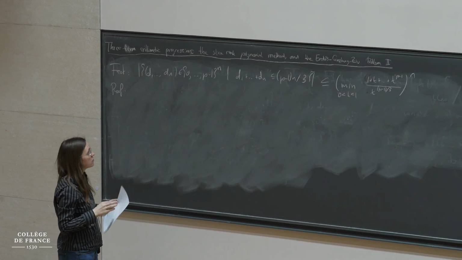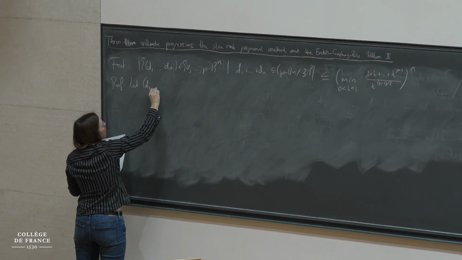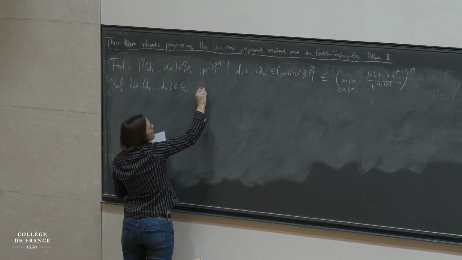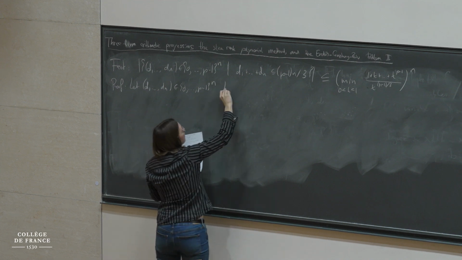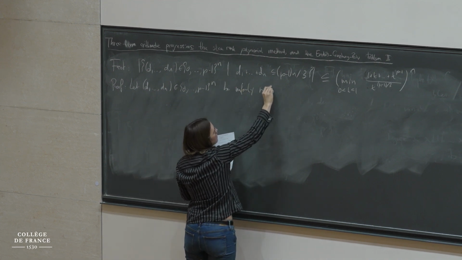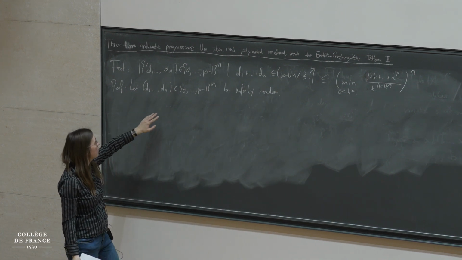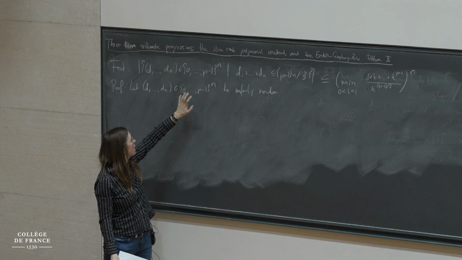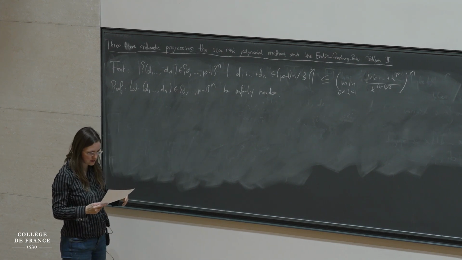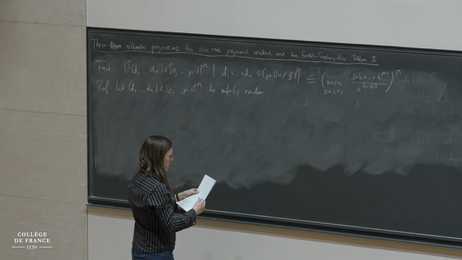Okay, so again we use a probabilistic view of this. So we take a random n tuple d1 to dn, where each of these di's is uniformly random in 0, 1, and so on to p minus 1, and they're all independent. And so now we're asking about the probability of satisfying this.